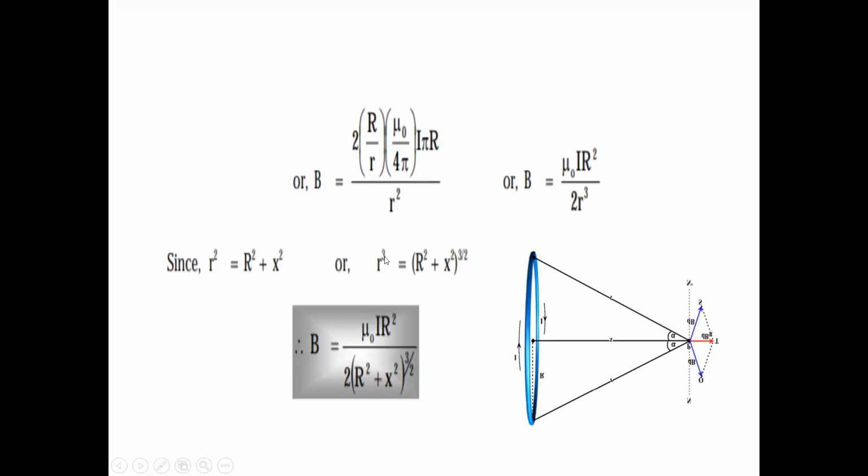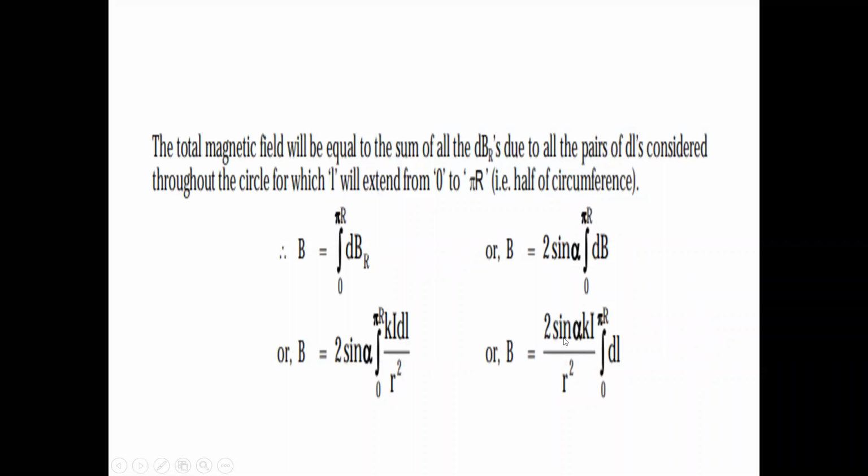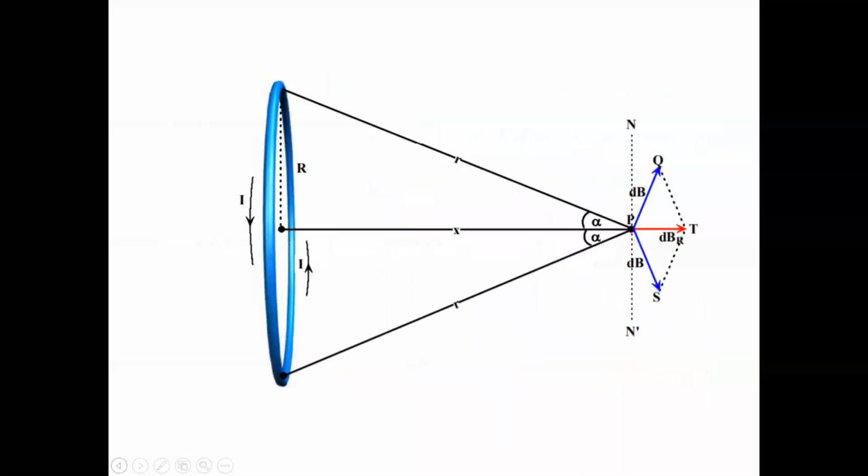Now B is equal to 2 sin alpha. So sin alpha, from the figure, this is the alpha. Sin alpha is equal to opposite side by hypotenuse, that is capital R by small r.